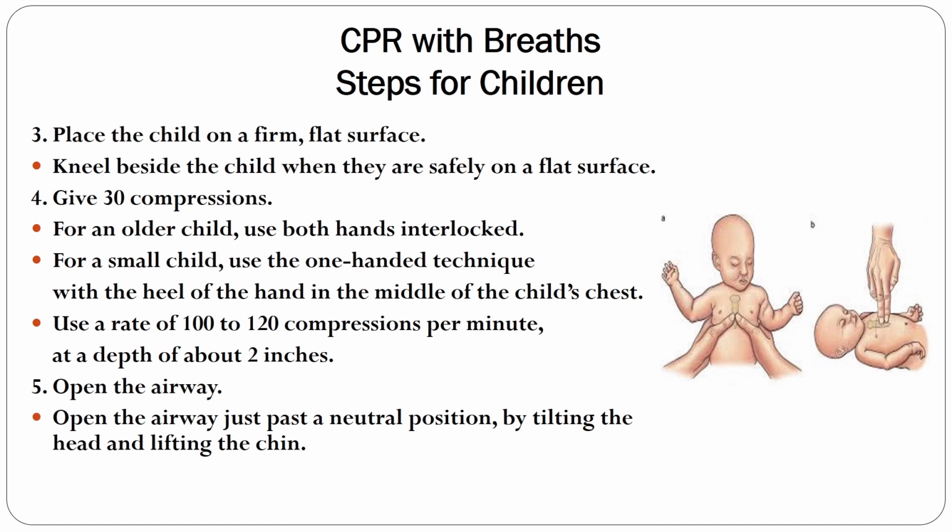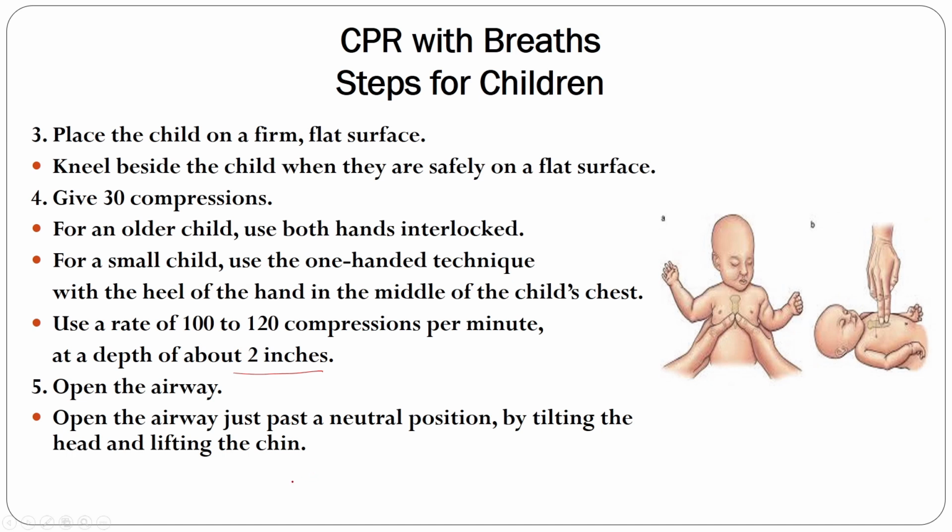For an older child, use both hands interlocked. For a small child, use the one-handed technique with the heel of the hand in the middle of the chest. In children, again 100 to 120 compressions per minute, and the chest should go down 2 inches in older children and 1.5 inches in smaller children.